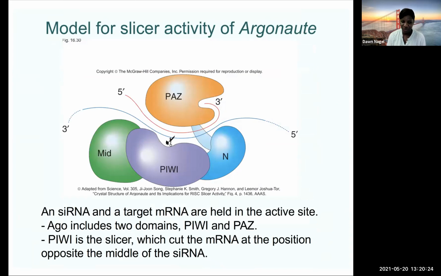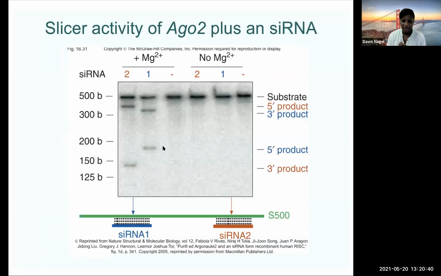We're not going to talk about the mid and N-terminal domains; they're responsible for positioning. What's really important is this PIWI domain that binds to the target mRNA and actually cuts it at this position. And then Argonaute-2 is able to cut that target RNA, using the siRNA as a guide.